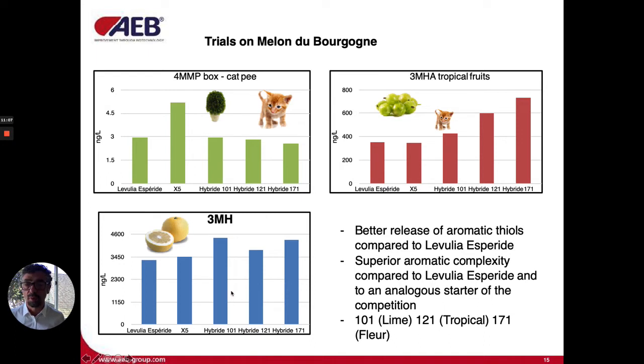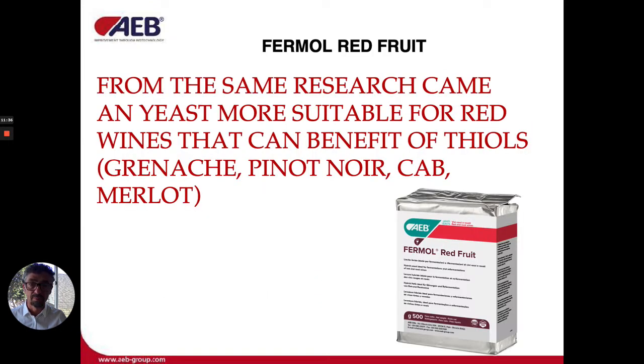So high producers are the 3-MH, so the thiol that is reminiscent of grapefruit mostly. We add more tropical aromatics, more guava, with the yeast called Fermalt Fleur and Fermalt Tropical. So these 3 strains with this name were adopted and commercialized by AEB.